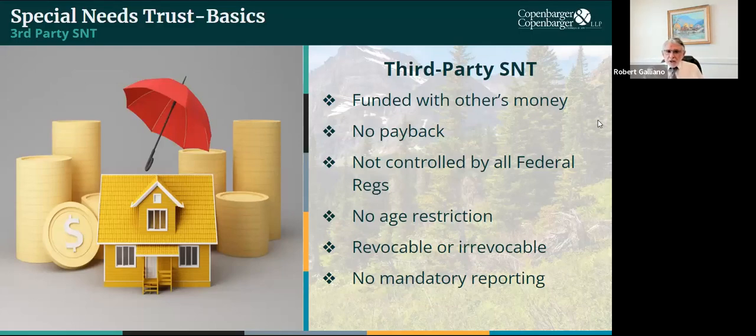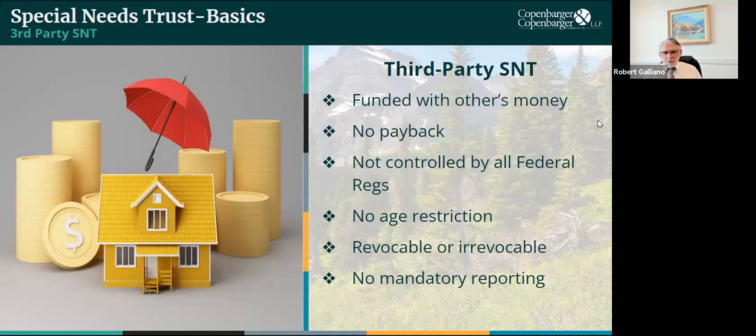So generally what we're trying to do is, if we provide a trust for review, for example, to the Department of Health Services for medical benefits, and the title of the third-party trust is called Special Needs Trust, we have found that the clerks will look for a payback provision. Because remember, the first-party trust has to have a payback provision.